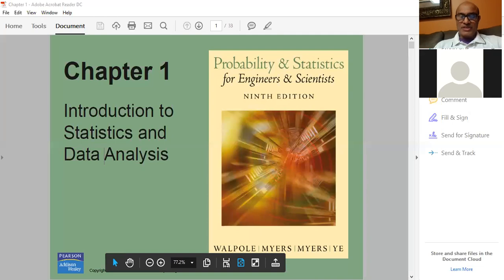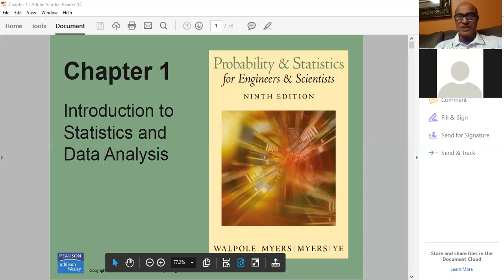The content of the book is like this. Usually people say this is Myers and Myers book. These 3-4 authors are there, Radford University, Virginia Tech, here in Virginia. And this is the content.